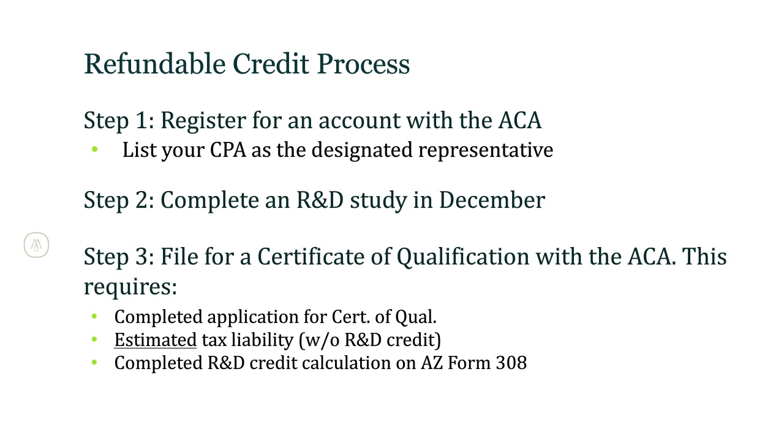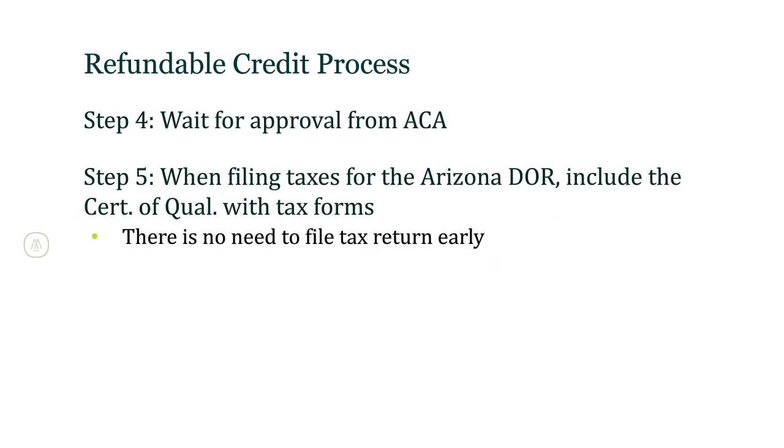Then the next step, which is the step that I dislike the most, is waiting for approval from the ACA. And this can take a while. It can take a few months, a month and a half, I think, last year. If you're lucky enough to get approval, then what they give you is what's called a certificate of qualification, which basically says that when it comes time to file your tax return, you've been approved for up to this amount in refundable credits.